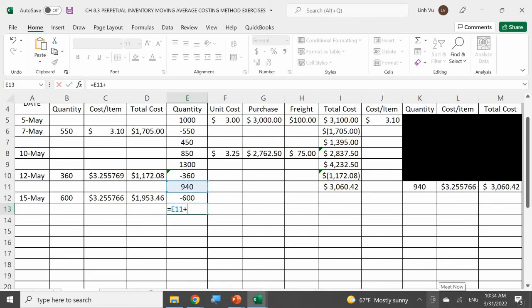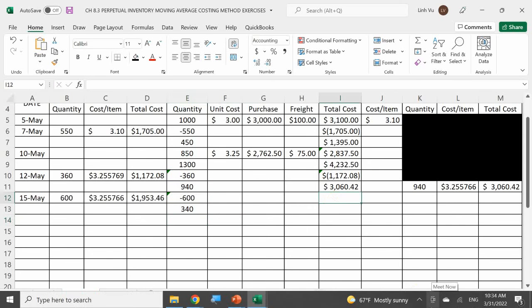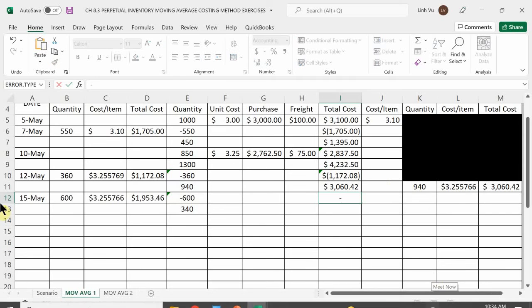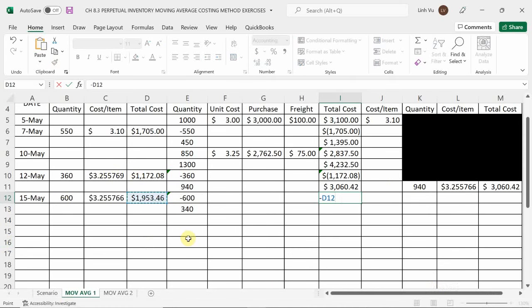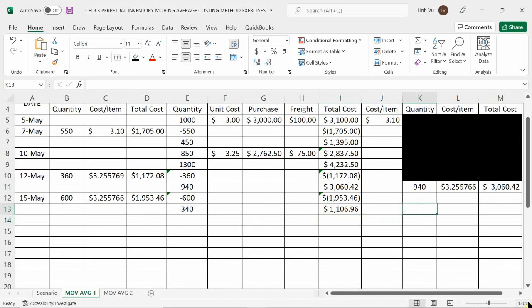If I started out with 940 and I sold 600, I should be left with 340. I'm going to start out with 3,660.42 and I just sold 1953.46. So I should be ending up with 1706.96. Once again, I'm going to pop it into my inventory worksheet on hand.